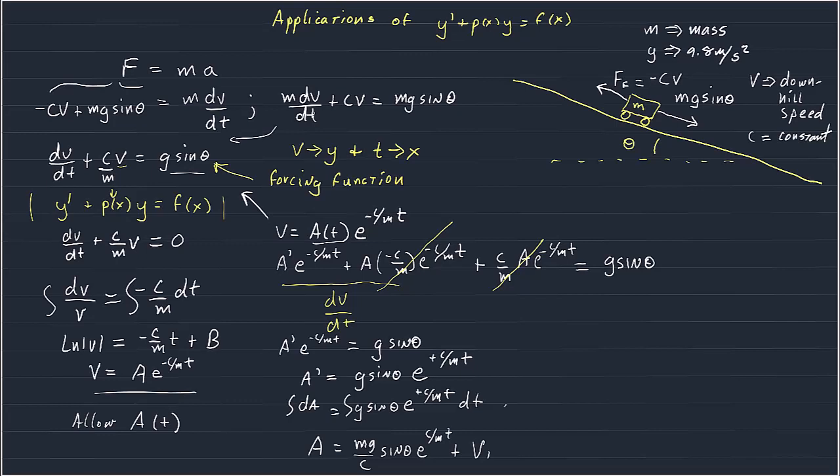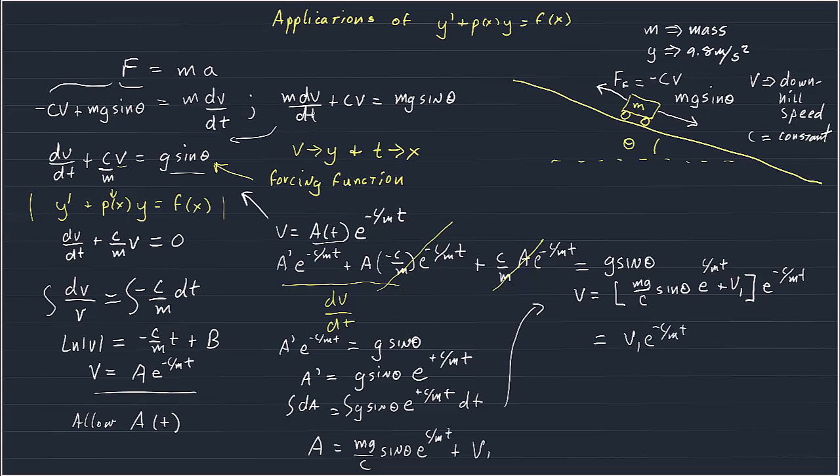So this tells us that our velocity, remember, is equal to A as a function of t, times e to the minus c over m t, and therefore v is equal to v1 e to the minus c over m t.